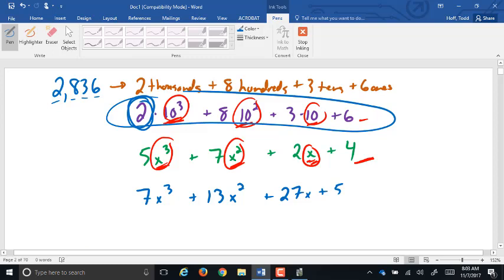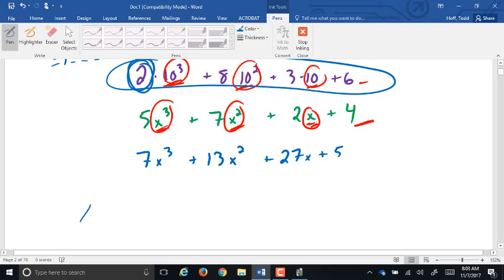The other big difference comes with negatives. In our integers, if I have a negative 239, that means every digit is negative. That's a negative 2 hundreds and a negative 3 tens and a negative 9 ones.